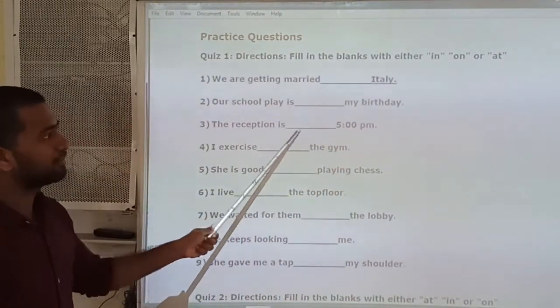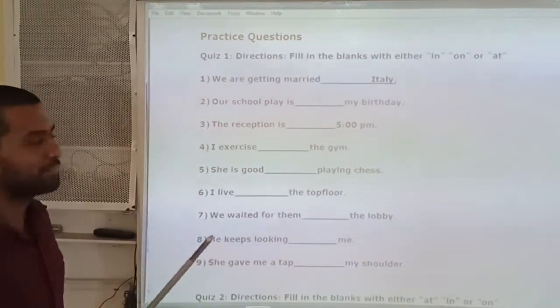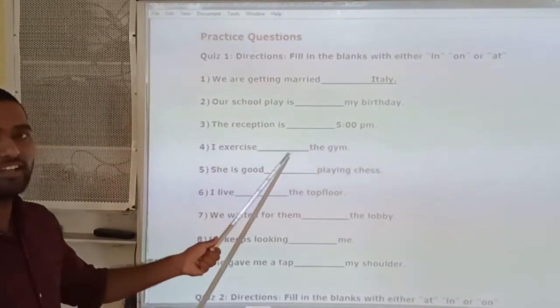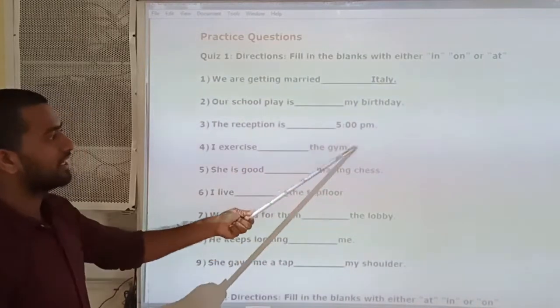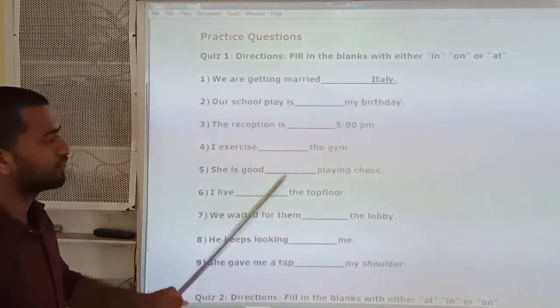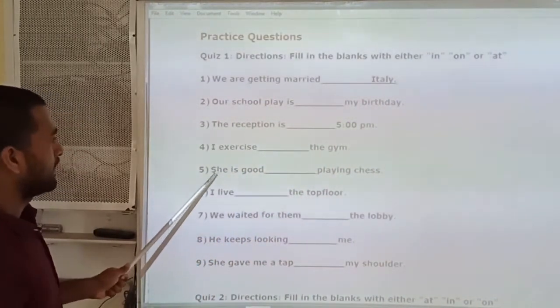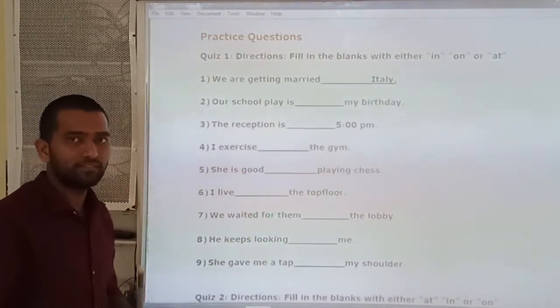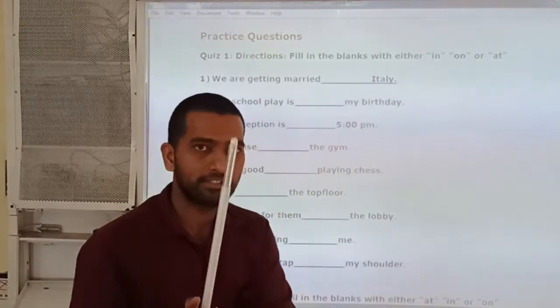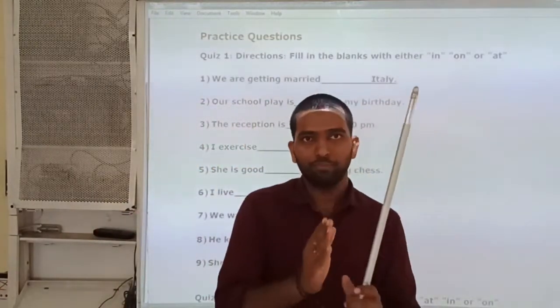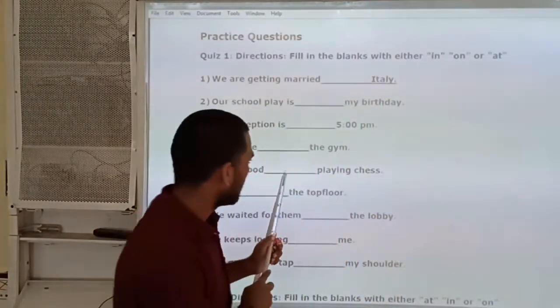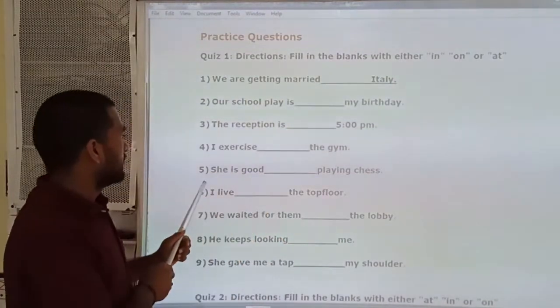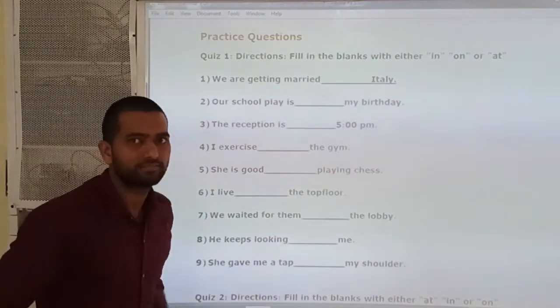That is why we use the preposition at before a specific time. I exercise at the gym. This is a smaller place, so we use the preposition at. She is good, and this is an activity. When we were explaining the preposition at, there was one point: before an activity we use at. She is good at playing chess.